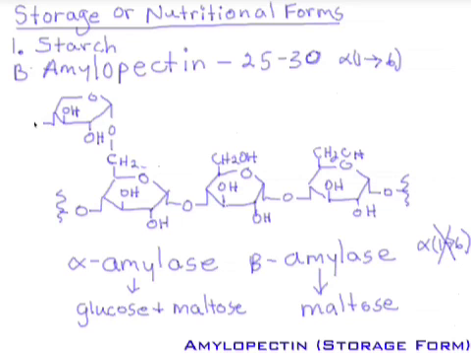And this starts a whole new chain. So every 25 to 30 units is an alpha 1,6 linkage that produces a branch.